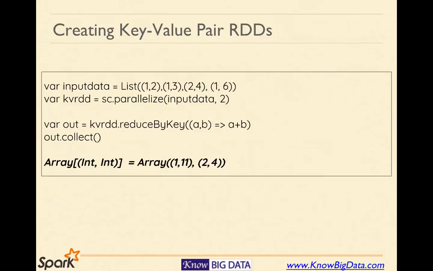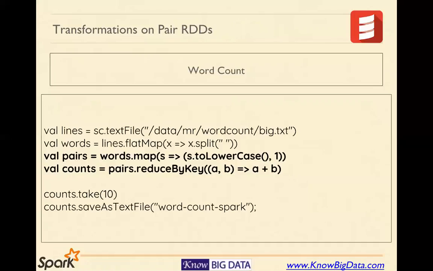For example, there's a function called reduce by key, meaning for each key, bring all the values and run the reduce function. That is reduce by key. For example, this is how the word count would look like.